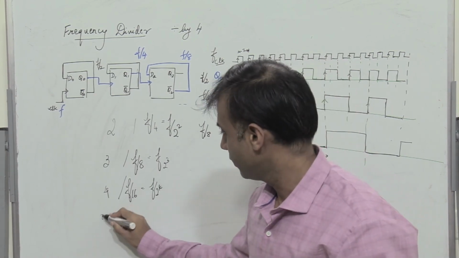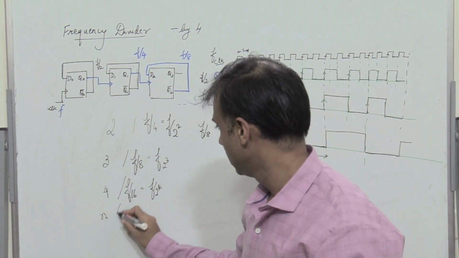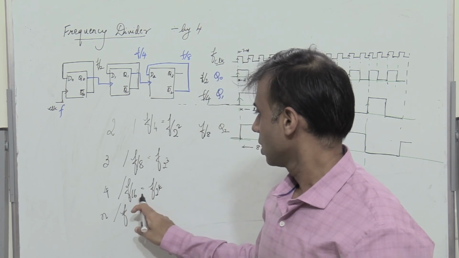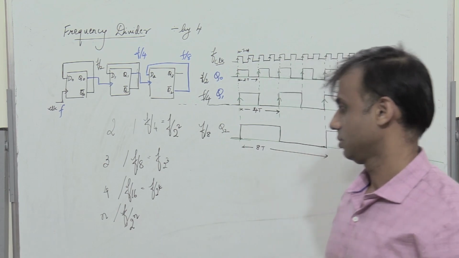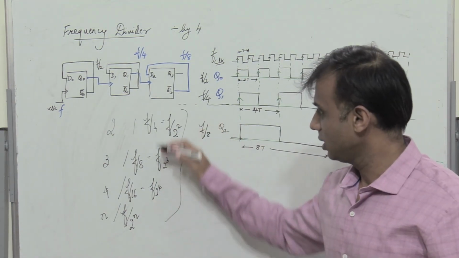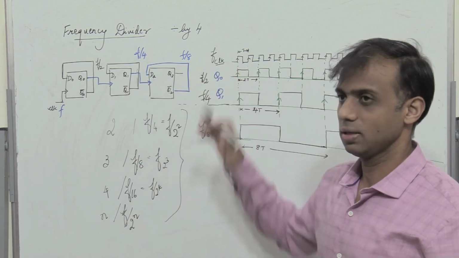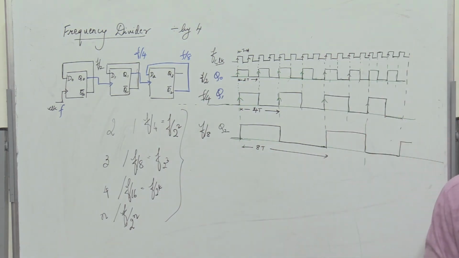So essentially, if I have n D flip-flops connected in cascade, the frequency would be f by 2 power n. Right? So this is, in a very simple way, the number of stages will tell us the output frequency I would get at the output of the D flip-flop.